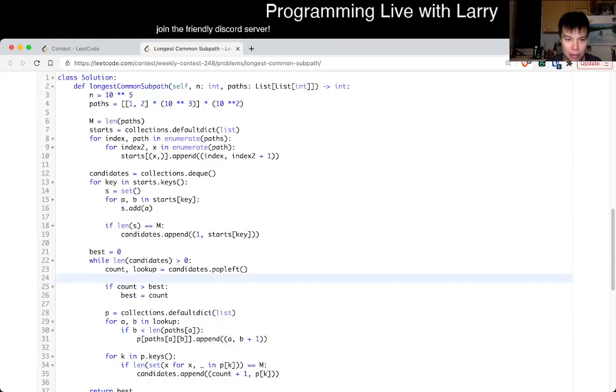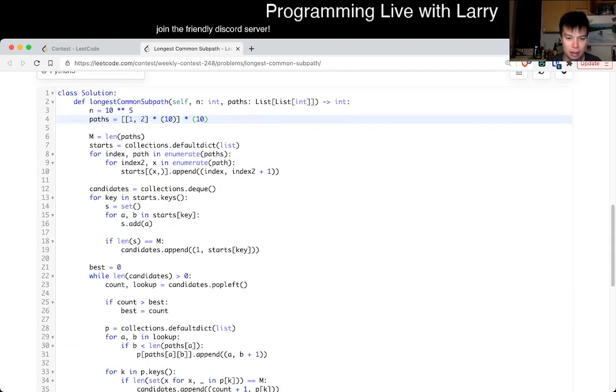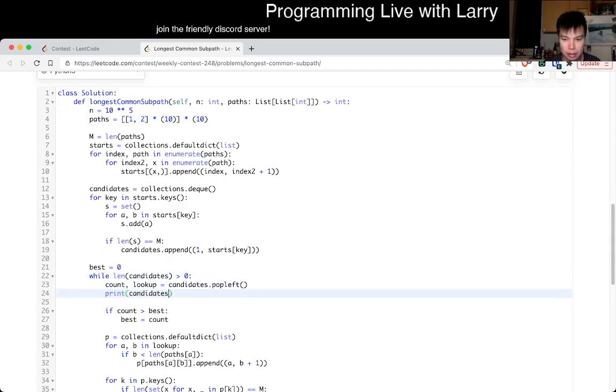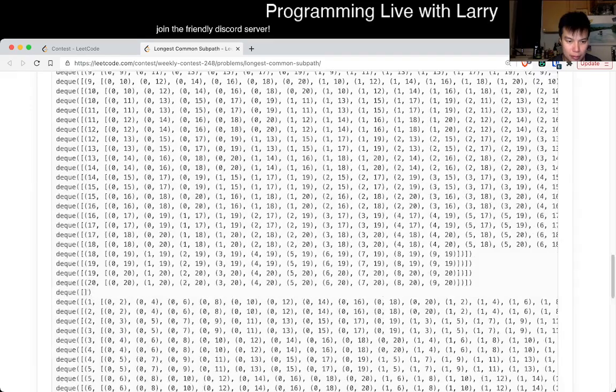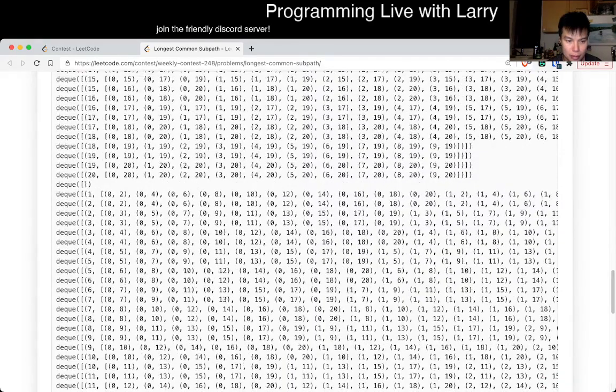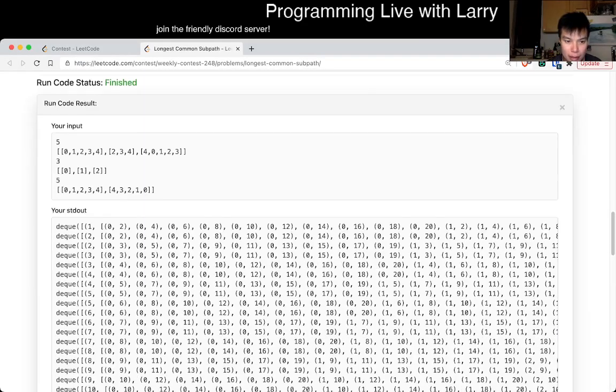Alright, let's do a smaller case so I could print it. The smallest case is fast. Yeah, that's what I feel.